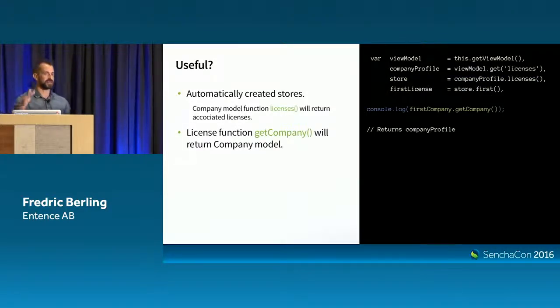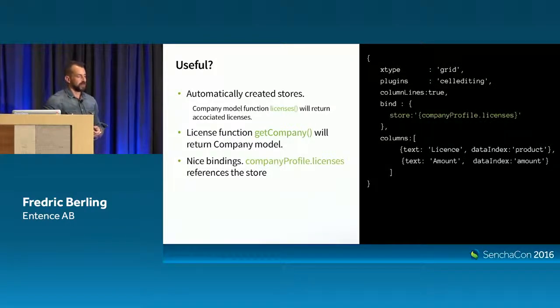And also every license instance will have a function called getCompany, that can locate the company that it belongs to, so you don't have to look it up in any other way. It also provides us with nice bindings. Now we don't have a store in the view model, we don't have a store in the stores folder in our application. We just bind it under the company profile.